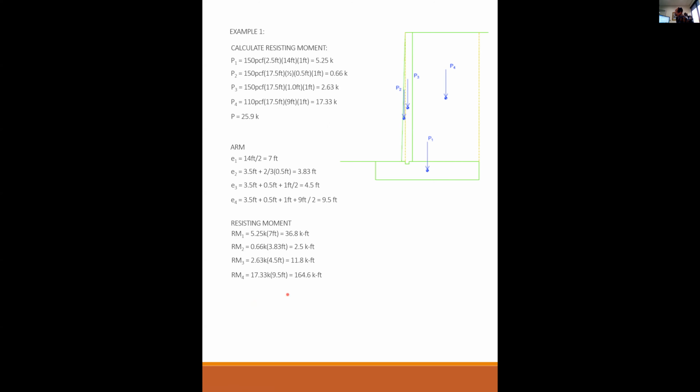So you can see clearly how much a contribution of all this backspan of soil is to stabilizing the whole structure. Total 215.7. So my factor of safety is 215.7 over my demand was 53.4, and that's 4.04. 4.04 is clearly better than 1.5, so we're okay for overturning.